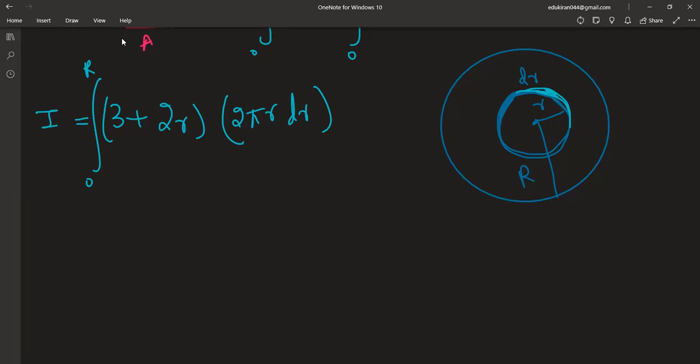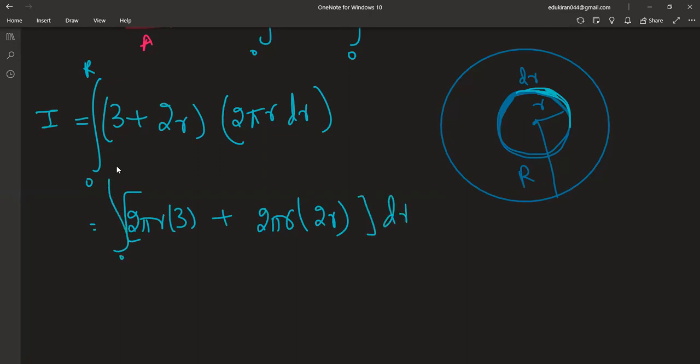Let's take it directly from here. If you multiply, this becomes 2 pi r into 3 plus 2 pi r into 2r, and this entire term dr, integral from 0 to r. In one line now you will get your answer. Otherwise, a constant term could have been there.